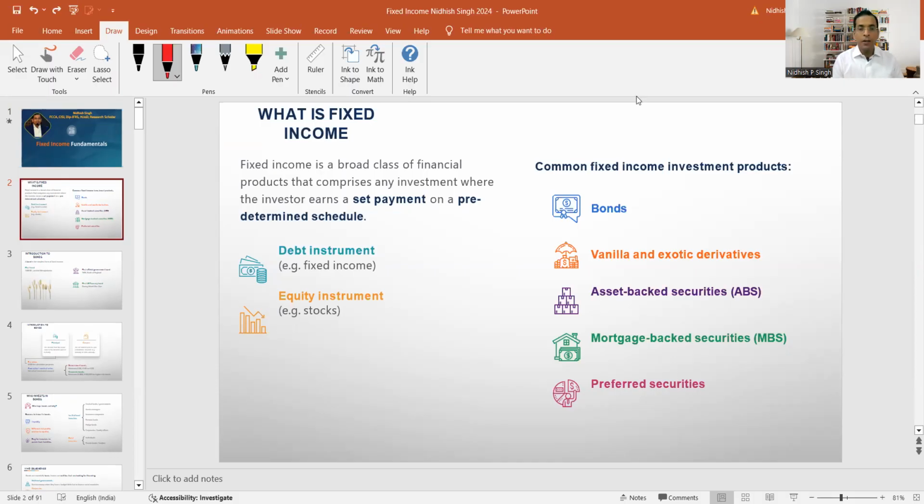So as per the definition, any debt instrument such as a loan paying a fixed coupon or interest percentage will be a fixed income product, or an equity instrument which also has a fixed dividend at regular duration will also be categorized as a fixed income product.